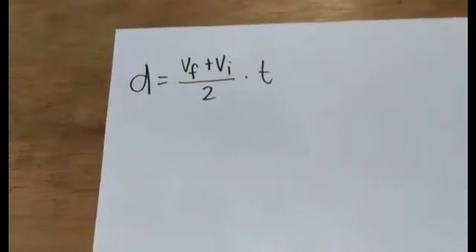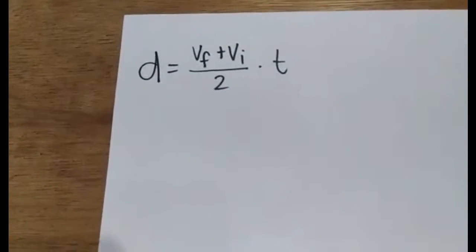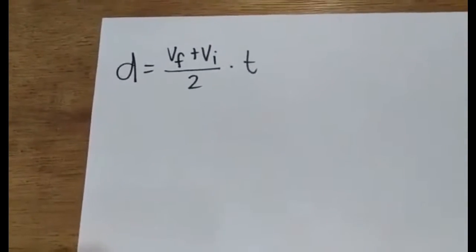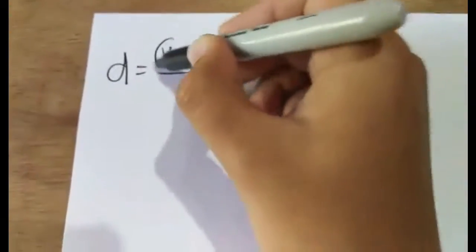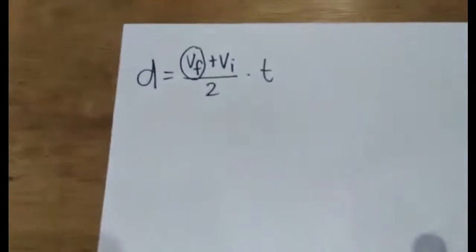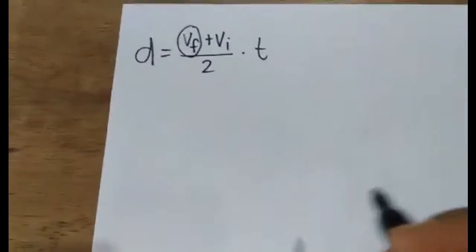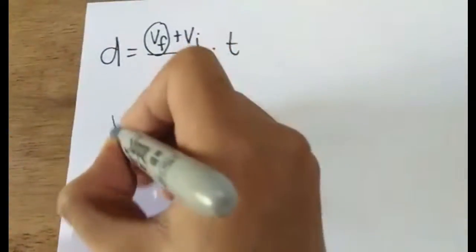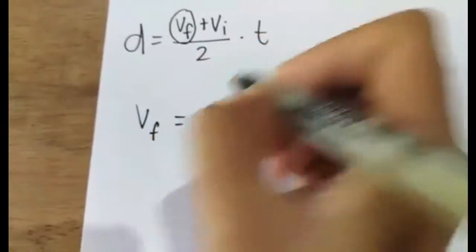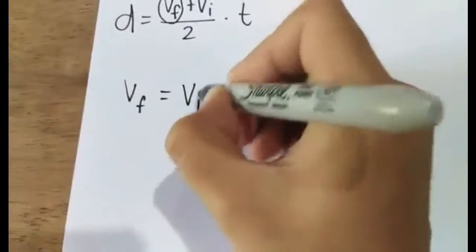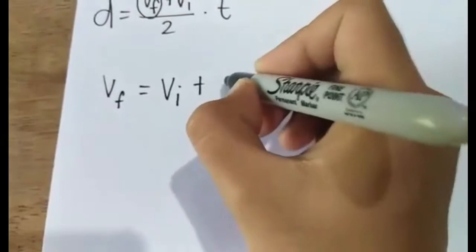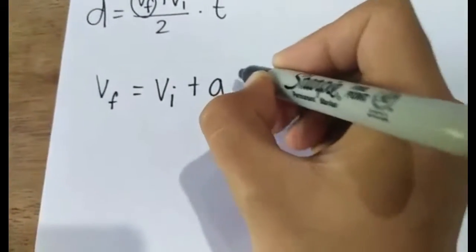You may have noticed that there's another formula for d. So we can actually use this at the problem, but first we need to find the value of vf, which stands for final velocity. Now to get vf, we have the formula vf is equal to initial velocity plus gravitational acceleration times time.